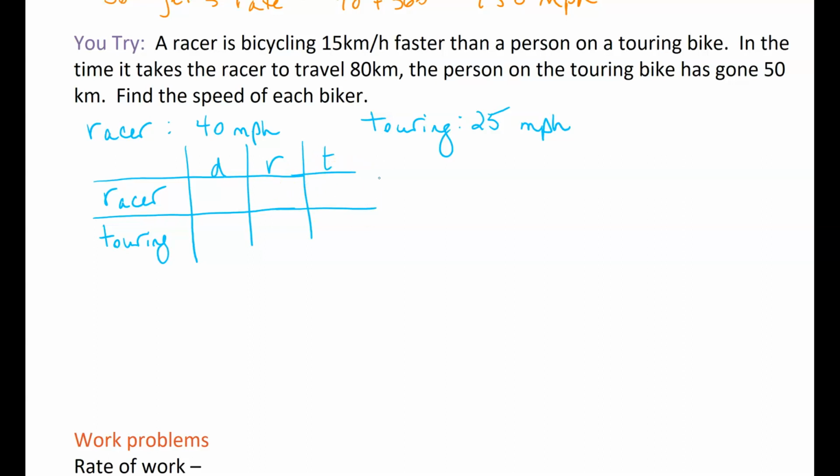So the racer is 15 kilometers per hour faster than the person on the touring bike. And do we know what the touring bike rate is? No. I'm going to go ahead and say T is my touring rate. Okay, so T is the rate of the touring bike. So what does that make the racer then?